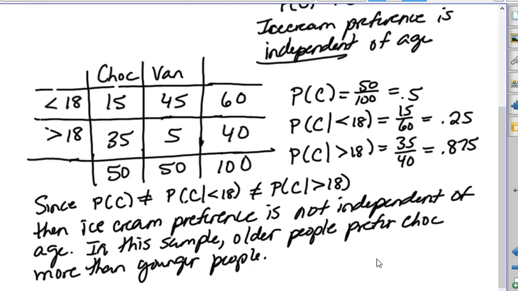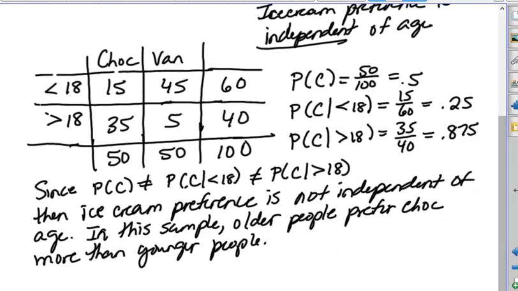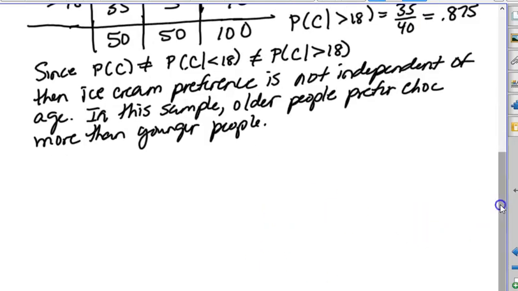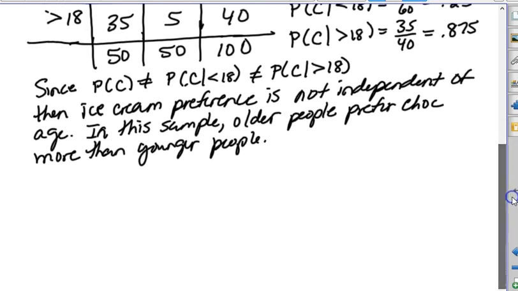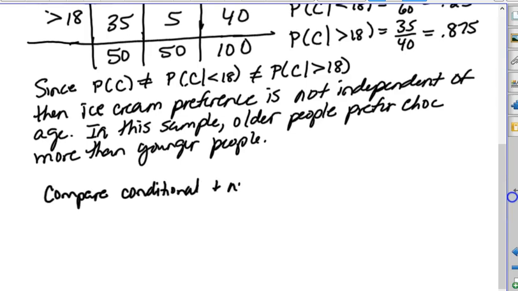Just to remind you, if you're asked to demonstrate whether two things are independent, you have to do three things. You have to compare a conditional and non-conditional probability, or two conditional probabilities.